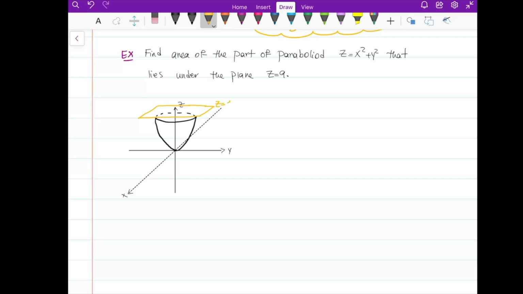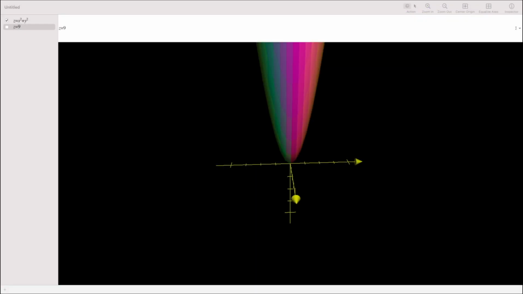This is z equals 9. Actually, let me graph it a little better. Good. We are looking for the area of this part of the paraboloid that is under z equals 9. Okay, so let me show you the graph.